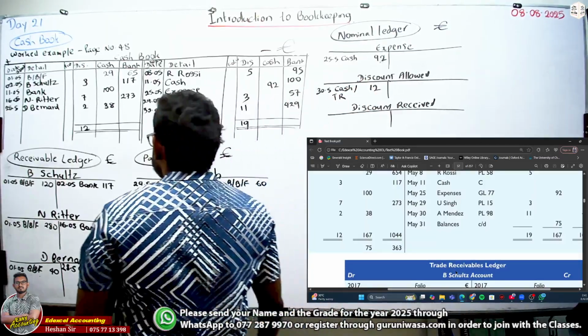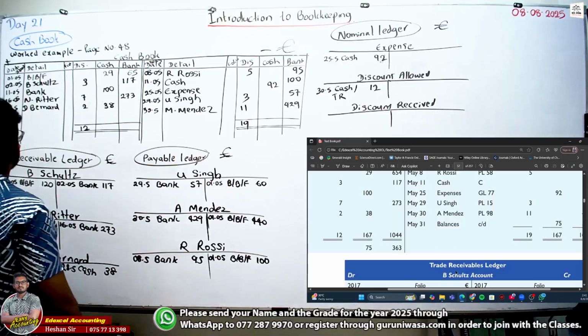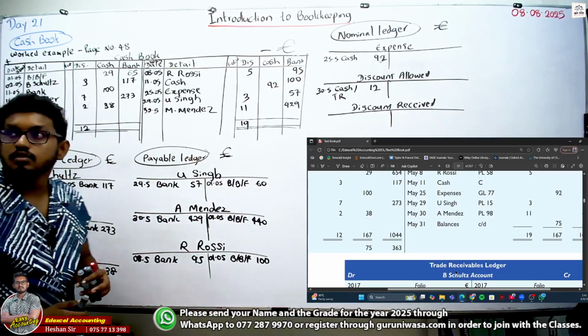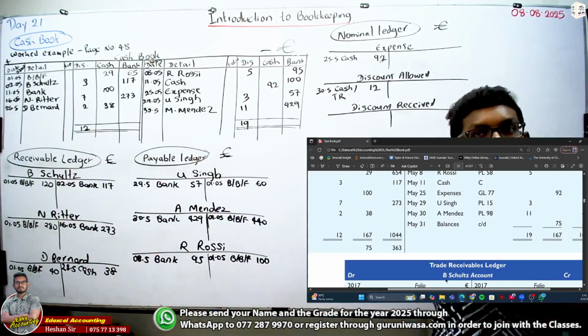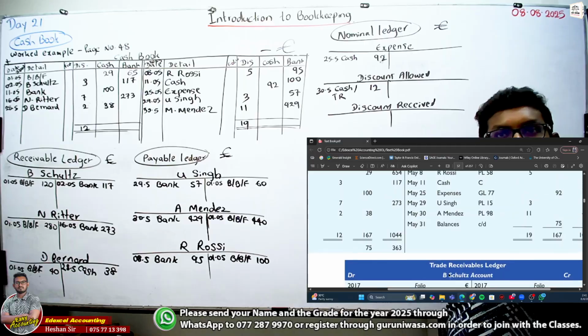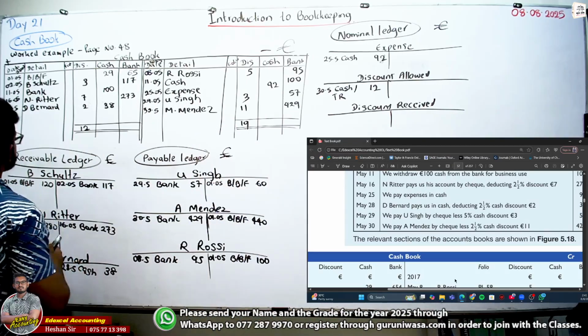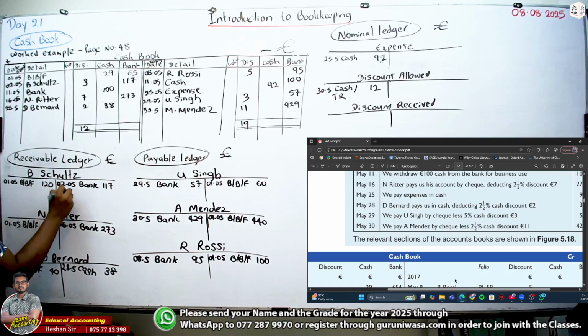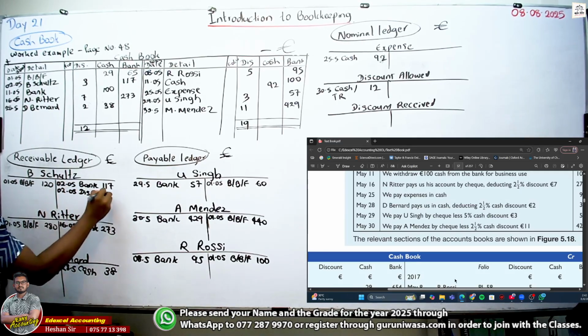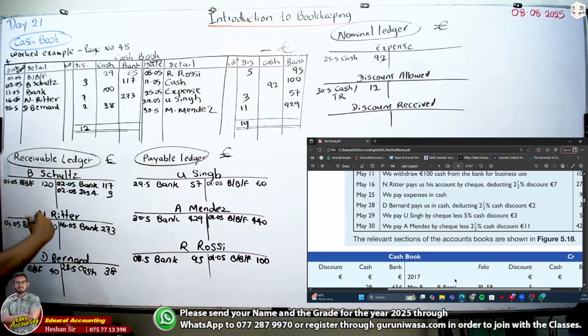So the relevant trade receivables are credited on the transaction date, or you can take the month end date, but the better thing is the same transaction date, right? So 2nd of May, discount allowed, the 3 separately, because you need to maintain both.